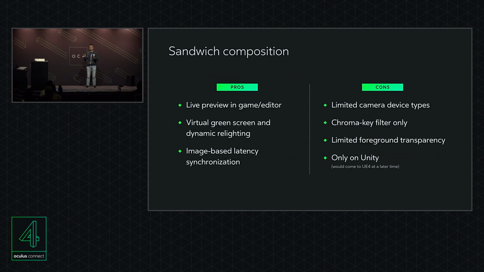It could buffer the past foreground and background images before compositing them with the camera frame to match the camera latency. However, just like the direct composition, complex transparency on the foreground might not be handled correctly. And it's only available on Unity right now. We are working on bringing it to Unreal 4 at a later time.